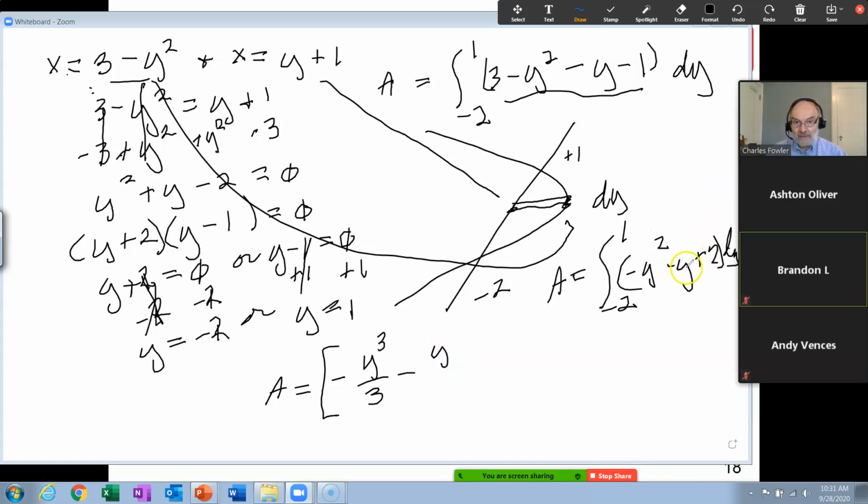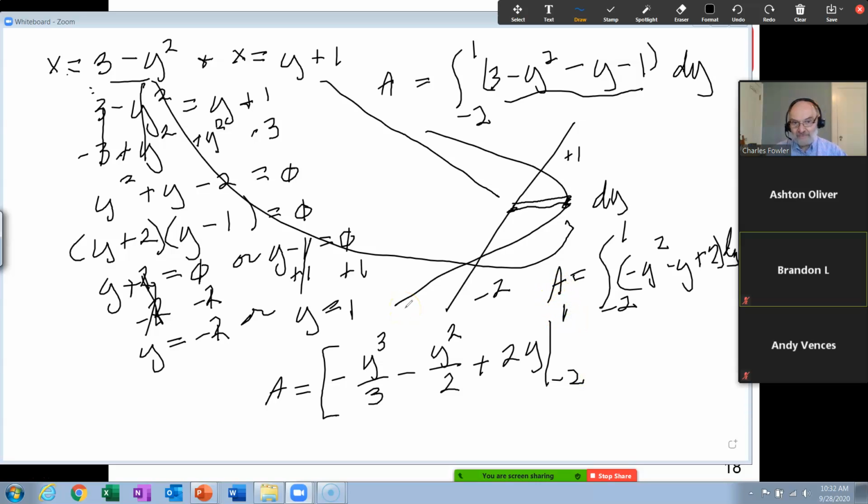Increase the power by 1. It was a 1, increased by 1, that's a 2. Divide by the 2, right? Then the plus 2, I don't see a y there. Of course you don't. So that's y to the 0th, add 1 to 0, you get y to the 1st. We don't have to write that down. Divide by 1, we don't have to write that down. And evaluate this from minus 2 to 1.